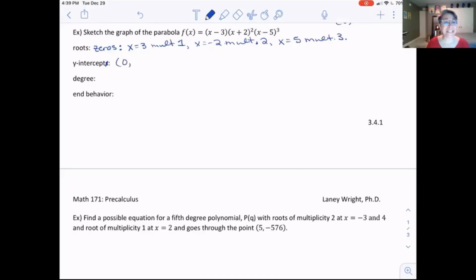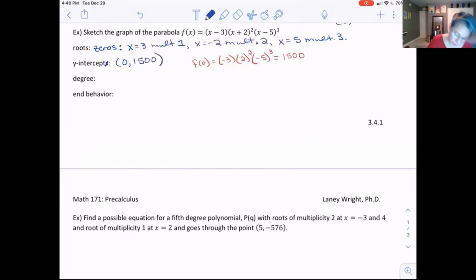So if we plugged in 0, here's the little work off to the side. f of 0, we would get -3 times 2 squared times -5 cubed, and that would give us 1,500 for our y.